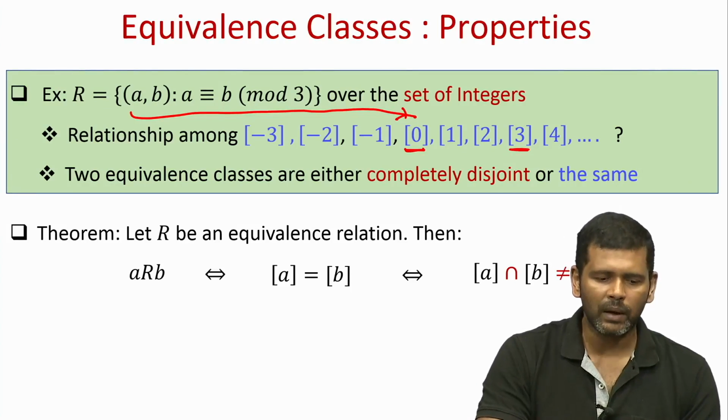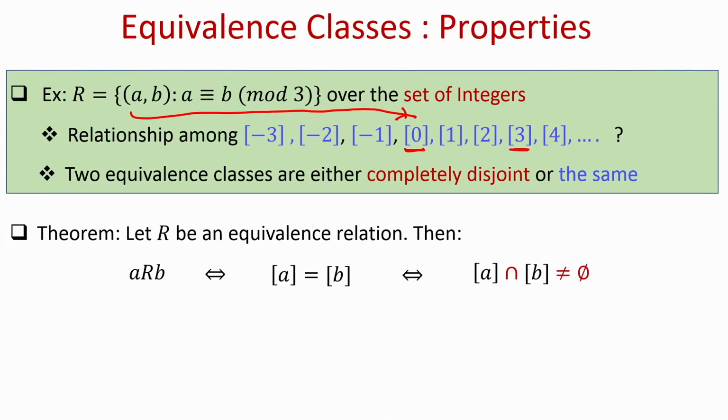More formally, we can prove that if you are given any arbitrary equivalence relation over an arbitrary set, then A is related to B if and only if their equivalence classes are the same, and the equivalence class of A is equal to the equivalence class of B if and only if their intersection is non-empty.